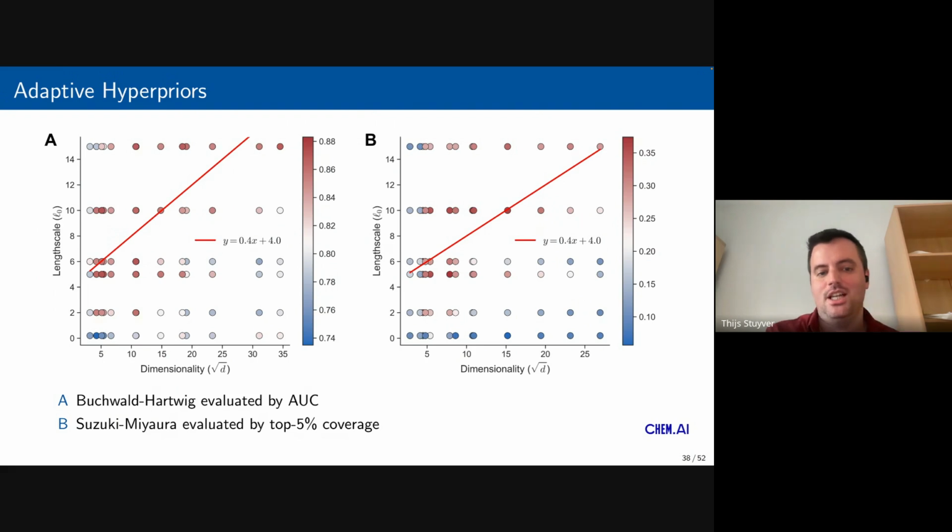And the reason why we see one of the darkest red spots at somewhat lower dimensionalities may actually have to do with the specific representations, and some of these representations being better than others, which I will come back to in a second.